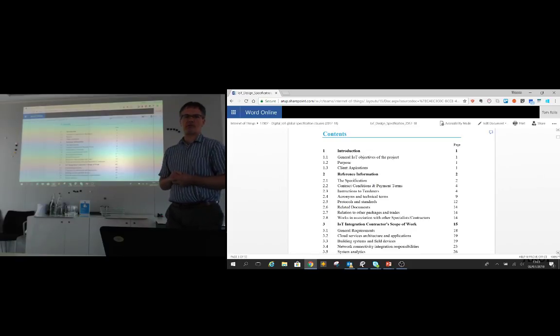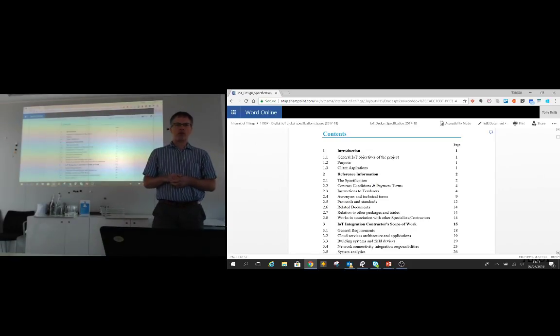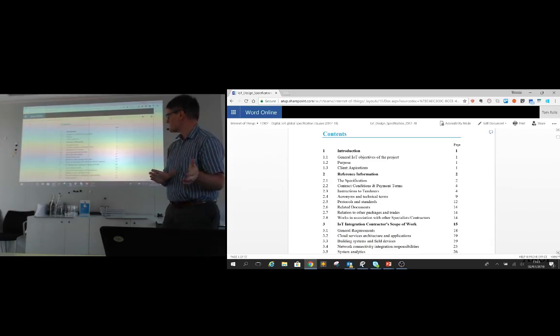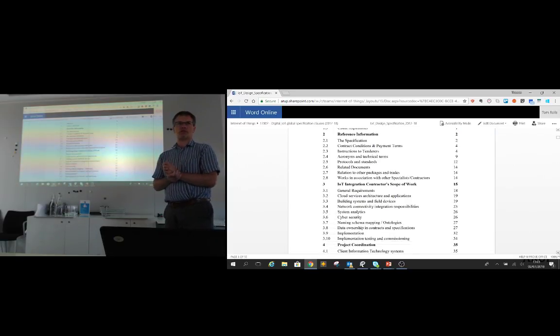But the topics we cover in this spec are IP networks, and that means wireless as well as wired networks that can scale over the internet, which is a difference to our normal designs where they're just bounded by the building. We cover, therefore, security and encryption and authentication topics, which traditional MEP designs don't have.